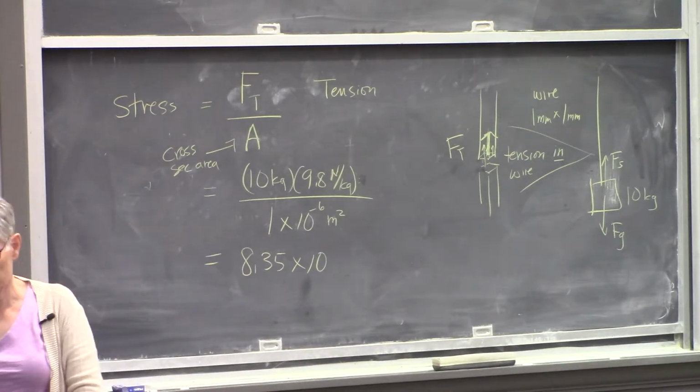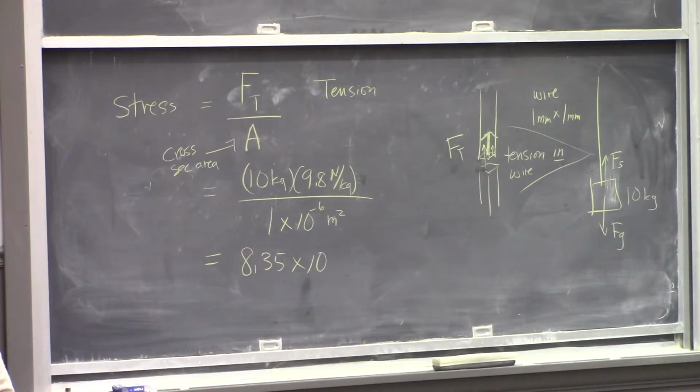times 10 to the minus 4, isn't it? Let's calculate it. There we go. Oh, we're already logged into GlowScript. So how are we going to calculate this?